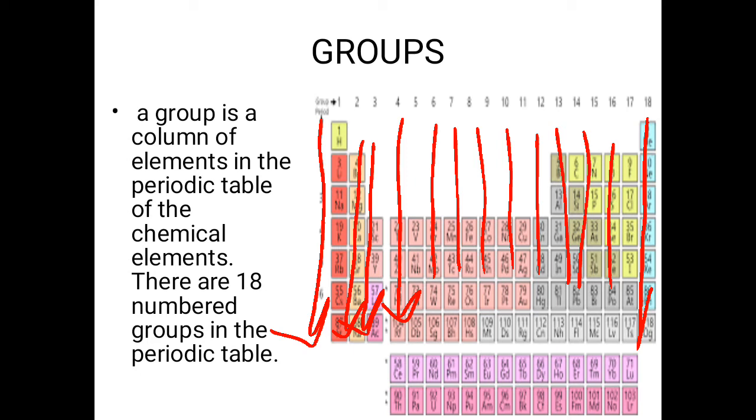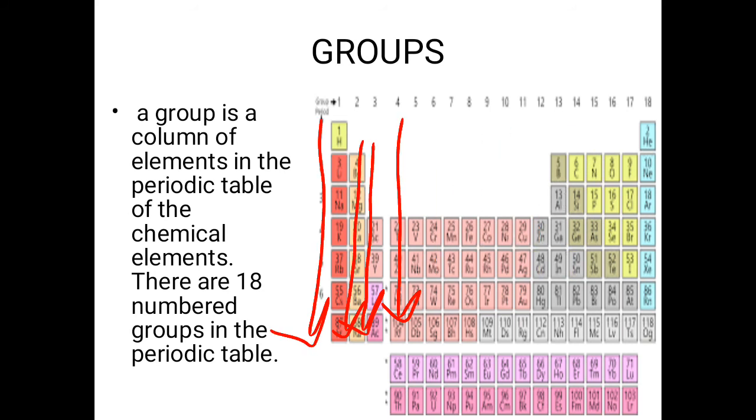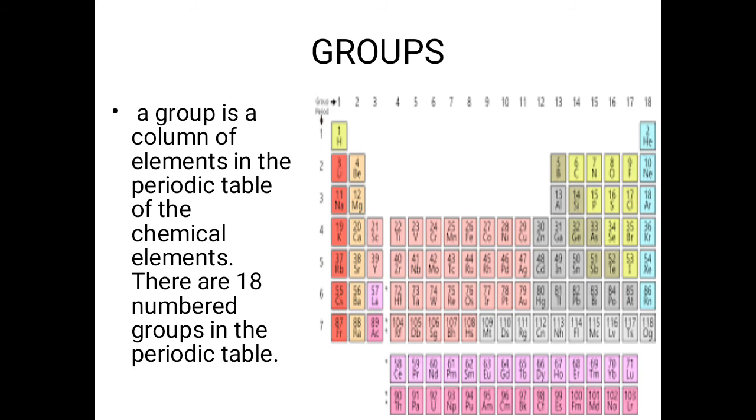The important thing about elements belonging to the same group is that they all have the same chemical properties, because they have the same valency, or the number of electrons in the outermost shell. So two things are clear now: the period number shows us the number of shells and the group number tells us the number of electrons in the outermost shell. There are 7 periods and 18 groups.